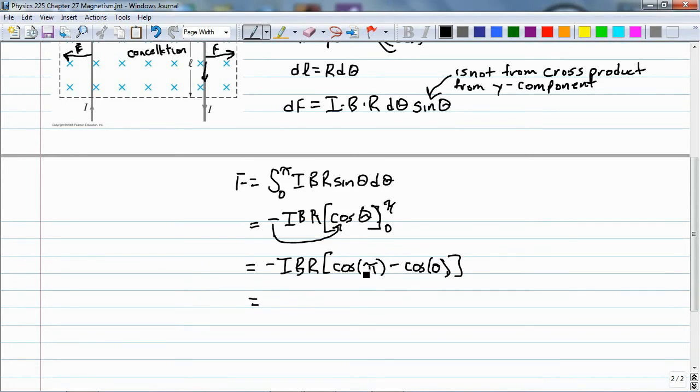Well, cosine of pi is minus 1 minus cosine of 0, which is 1. So that's going to be a negative 2. And with the negative, it's 2IBR. That's our formula for our force due to this current flowing through this wire.